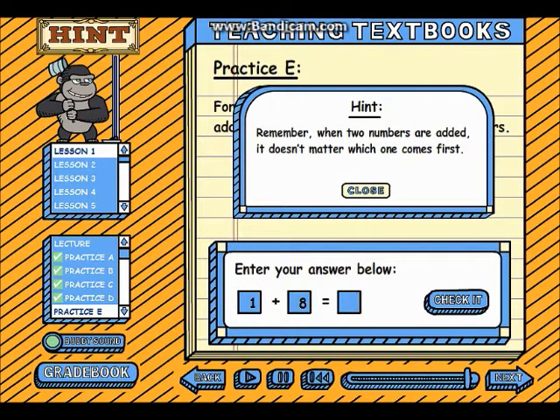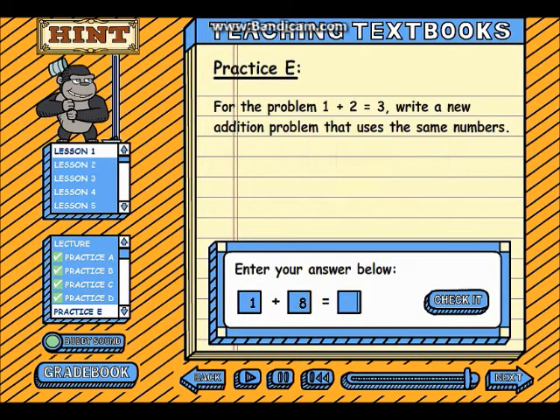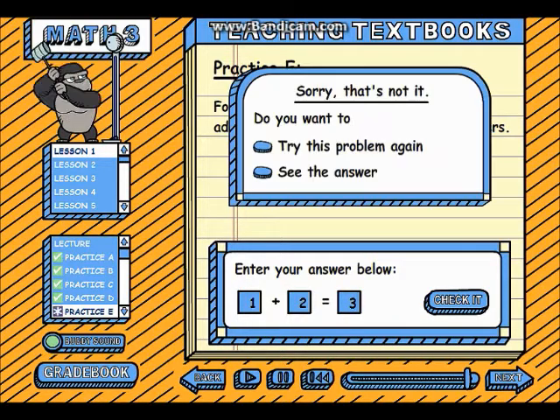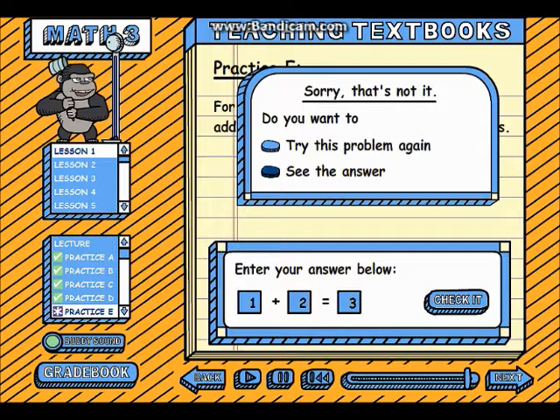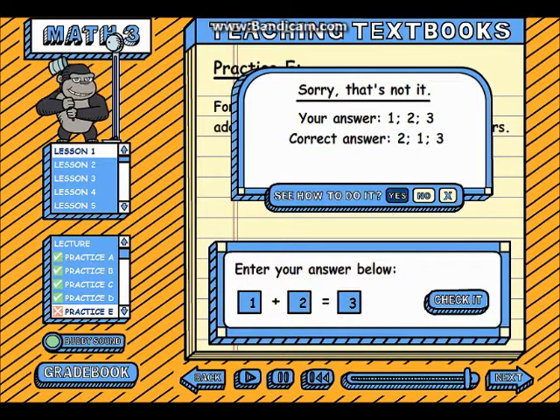Just remember, in an addition problem, it doesn't matter which number comes first. Nice try, but that's not it. Click yes to see how to do it.